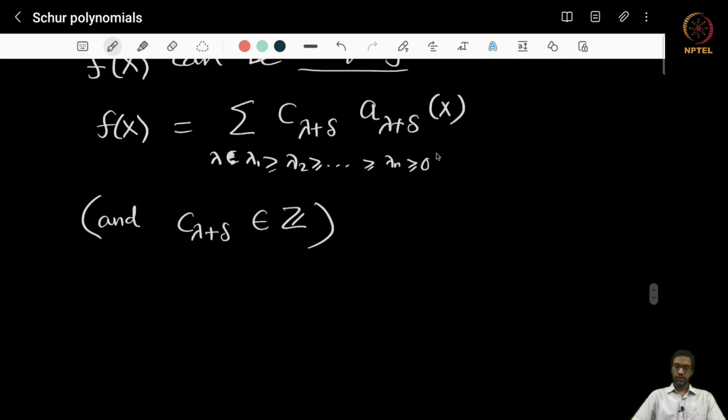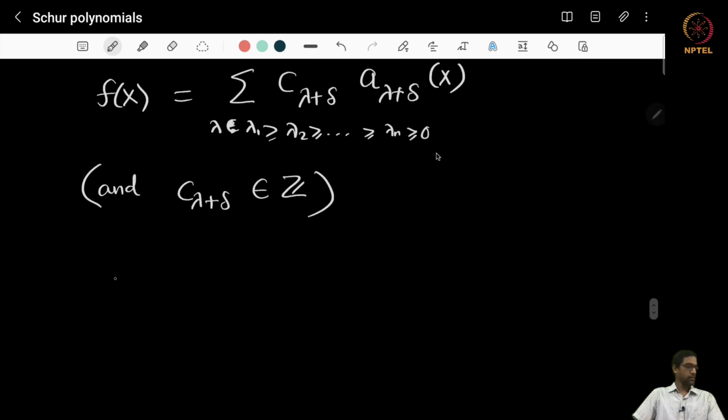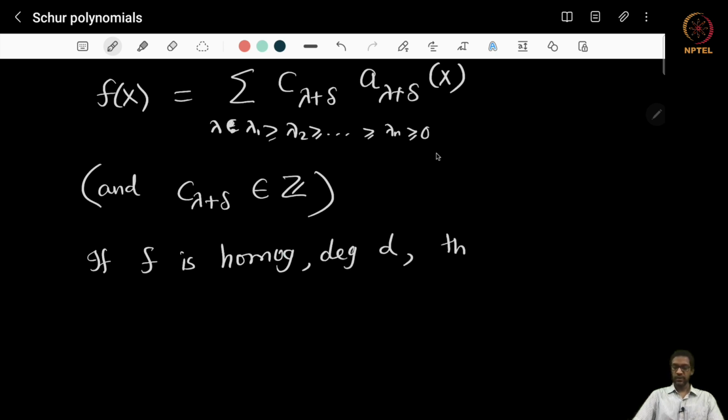Now let's see why this is good for us. Observe further, if f is homogeneous of degree D, then we can say a little bit more: all the terms that appear on the right hand side are likewise.